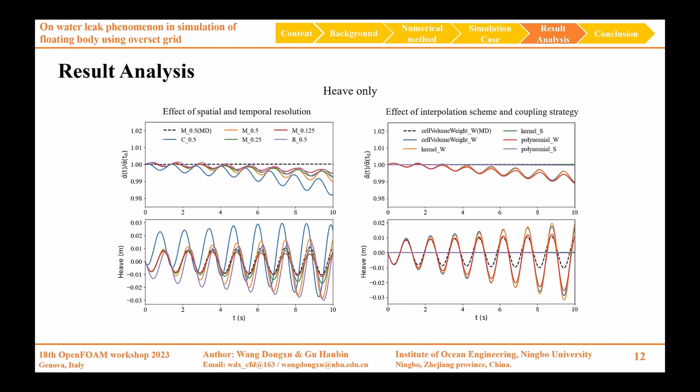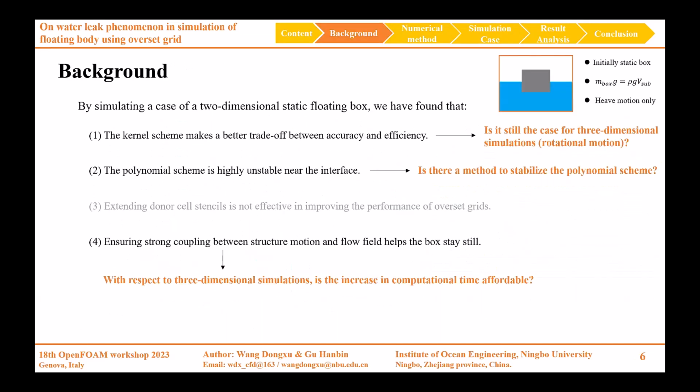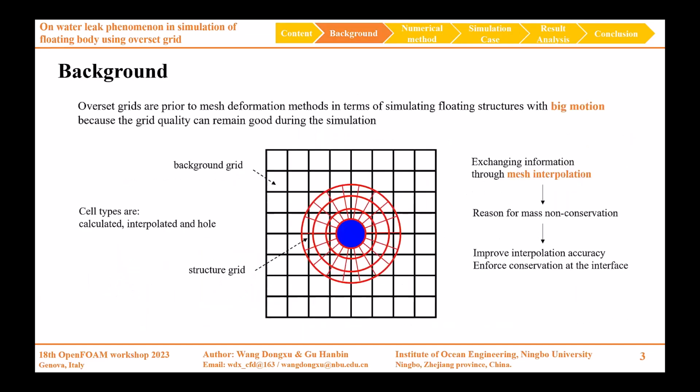But as you say, for some prescribed motion, in our case we still need to use higher order interpolation schemes to enforce conservation at the interface, for example by using some flux corrected method, but it is very time consuming.